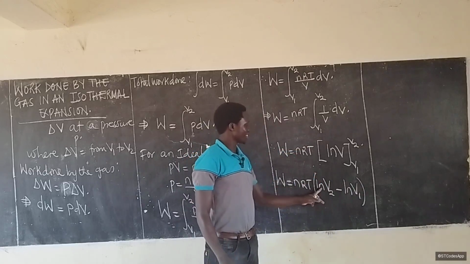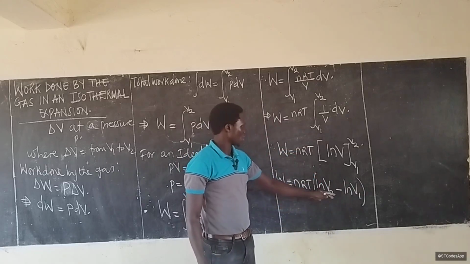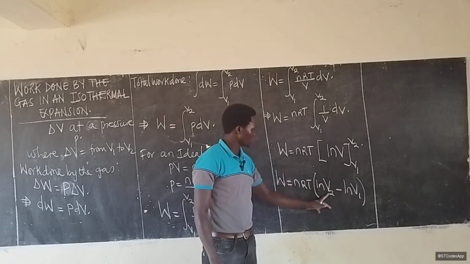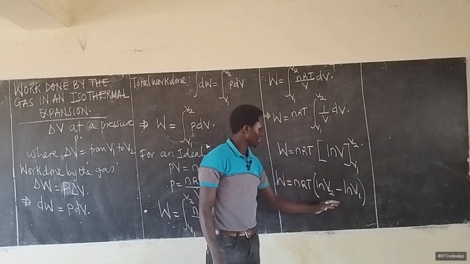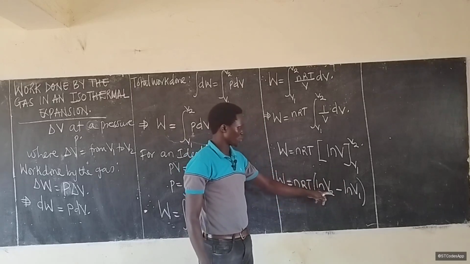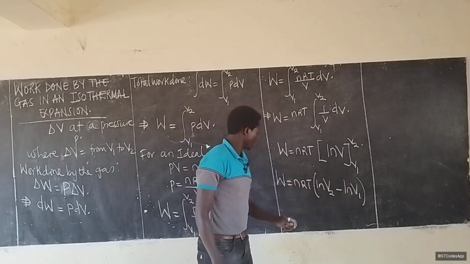But this is just a natural logarithm. From the laws of logarithms, ln of V2 minus ln of V1 is the same as one ln of V2 over V1.